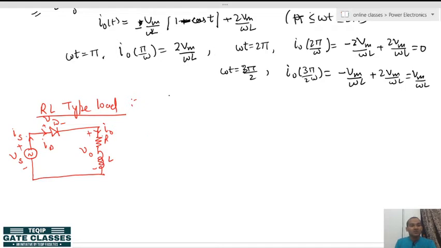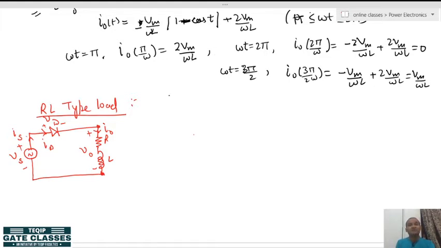Now, please note that I am marking this load terminal as end terminals like this. I am not marking V naught across any particular element. Alright.